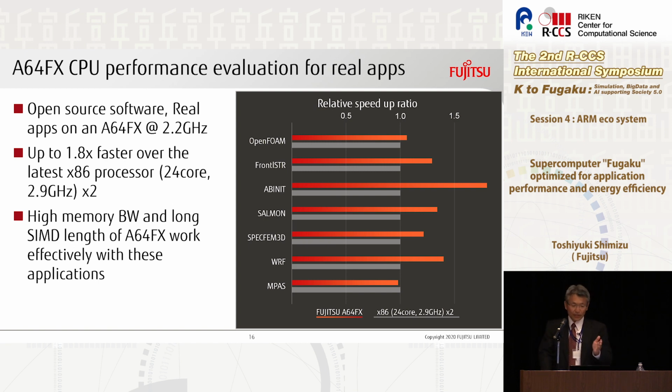As you see, we can achieve up to 1.8 times faster than x86 CPU. This is because these applications are memory bound, and A64FX wide SIMD is very effectively utilized.